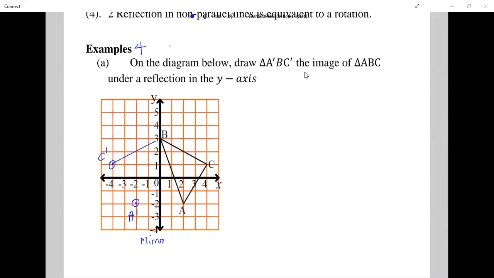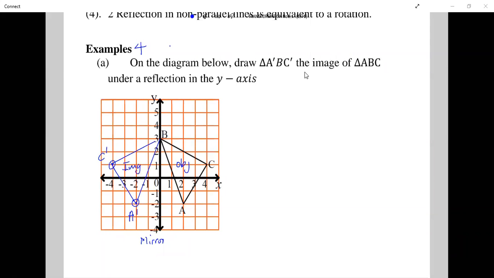Then connect C prime and A. And lastly, connect A prime to B. Ladies and gentlemen, this is the object and this is the image.